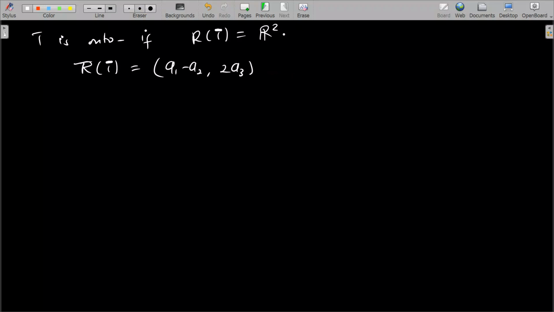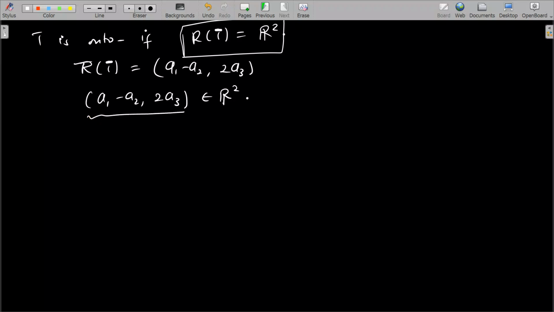This vector here, a1 minus a2, 2a3, is a two-dimensional vector, so it belongs to R2. So every vector I pick in R of T is a member of R2. To be able to say that two sets are the same, what do we do? We have to show that one of them is a subset of the other, and the other is also a subset of the first. So I have to show that the range of T is a subset of R2, and that R2 is also a subset of the range of T.